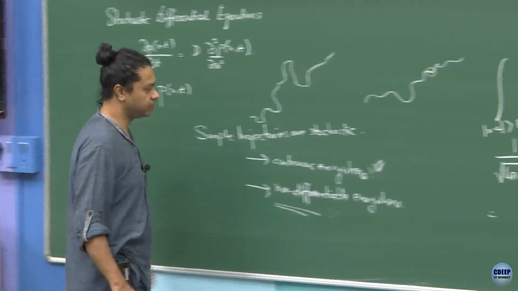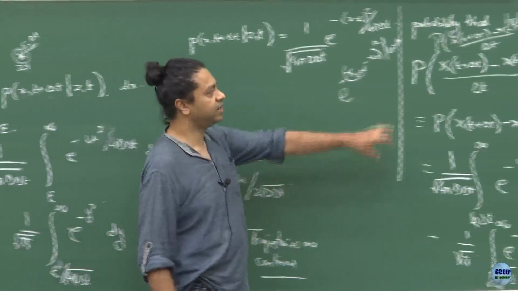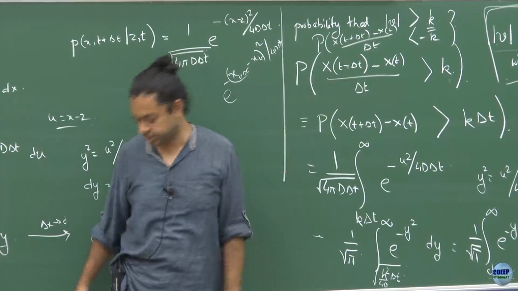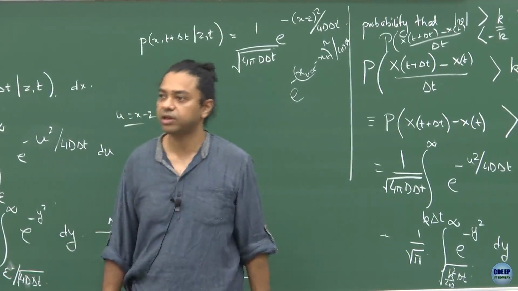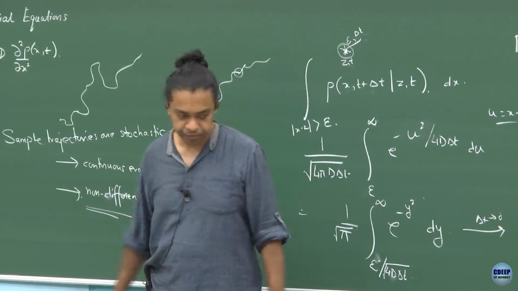In some sense, what this is saying is that this velocity operation, dx by dt, is not a valid operation for trajectories governed by the diffusion equation, because these paths are non-differentiable.